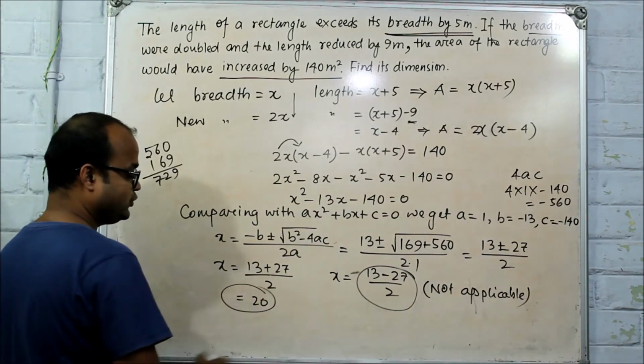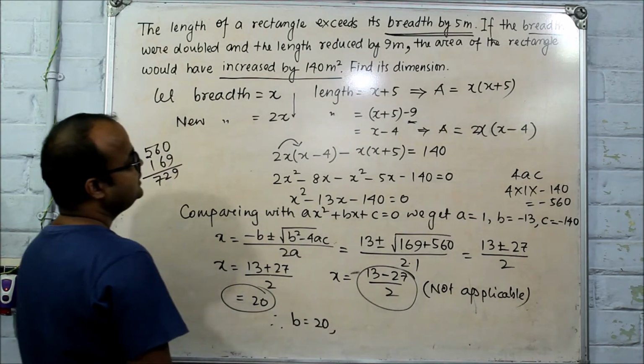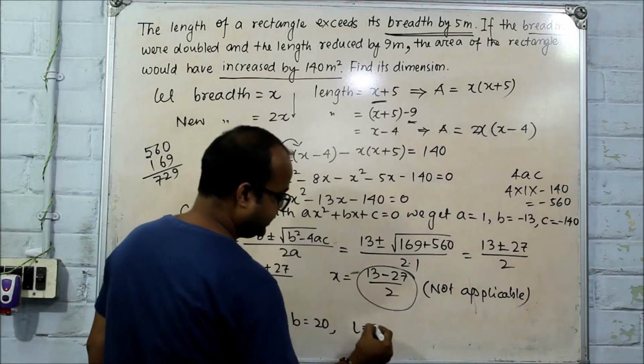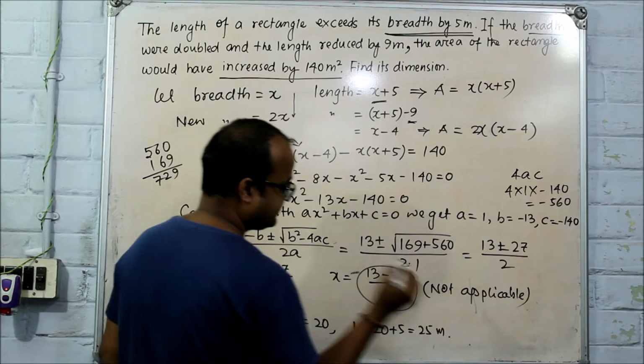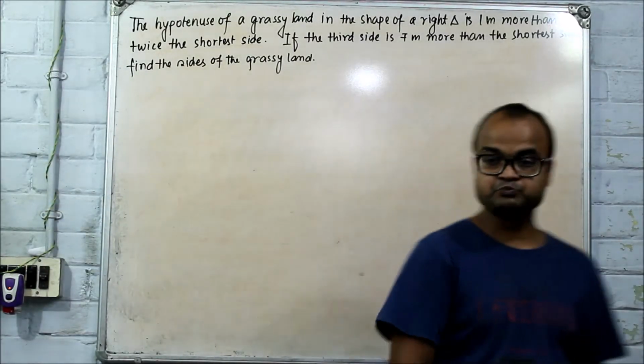So x is equal to 20. Therefore the breadth is equal to 20, and the length is 5 meter more, that is 20 plus 5 is equal to 25 meter. Clear? Moving on to the next problem.